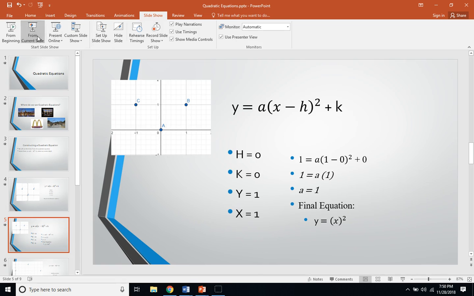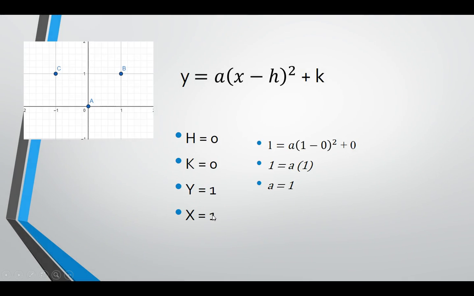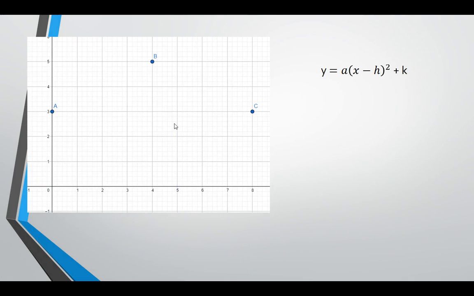Now let's continue on from here. We'll try another example where we have a different looking parabola, in which our vertex will be above our points. So here, you can identify our vertex, which is B, at 4 and 5. And then we also just need to identify another point on our graph.